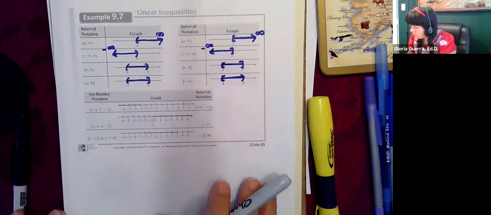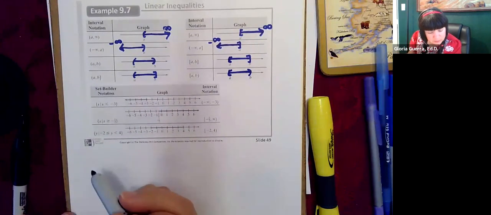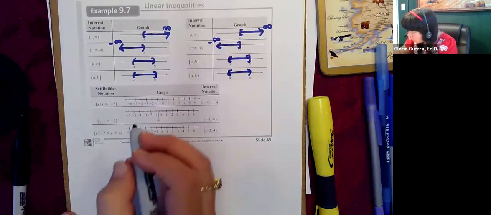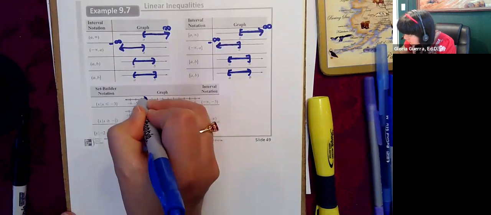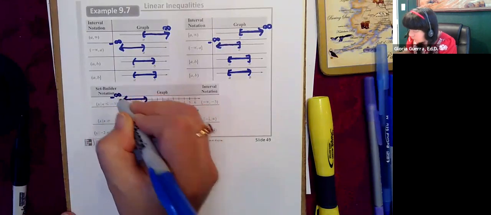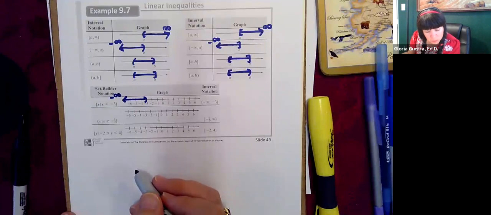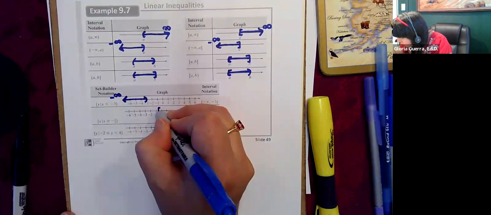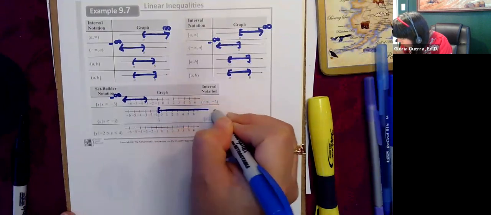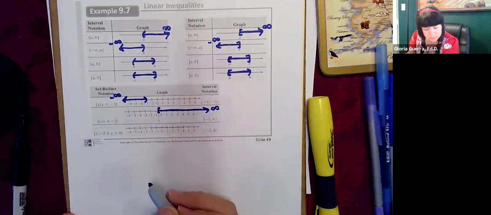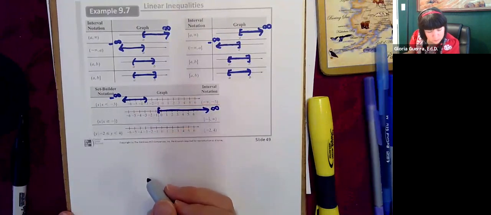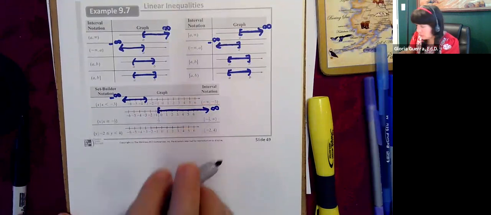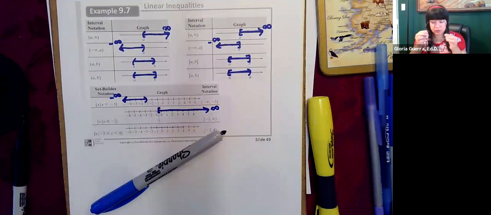Okay, then down here on the graph, let's see. This is a parenthesis, negative infinity. Here, this is a bracket. Infinity. This is compound, so it looks like, let me put my glasses on, that's so small.